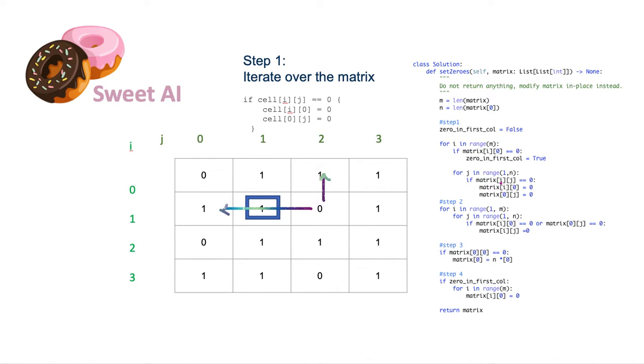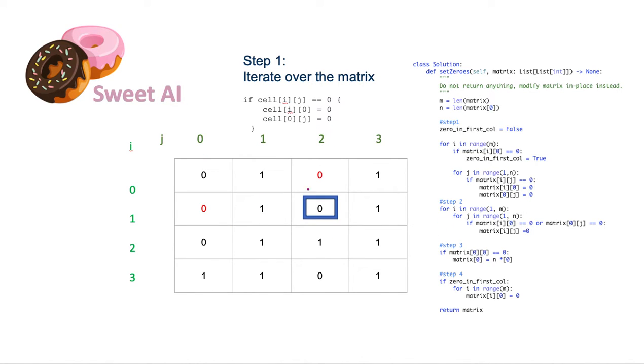as you see it here. So it says if the matrix at index i and j is equal to 0, we are going to set matrix i, 0 and 0, j equal to 0.